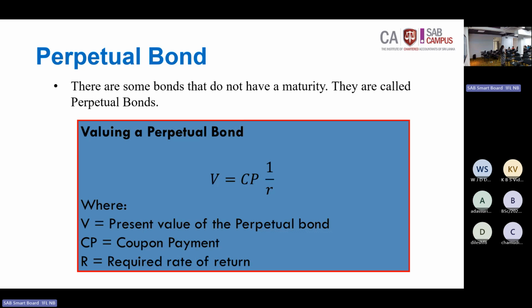We'll start. We start the evaluation of the next type of bond, that is the perpetual bond. Right? Perpetual bond. All right, shall we start?